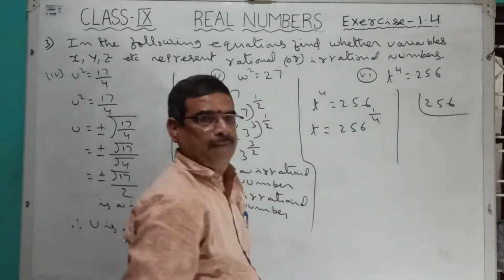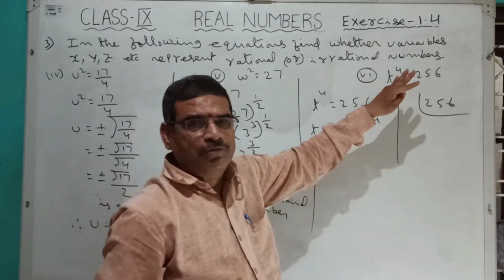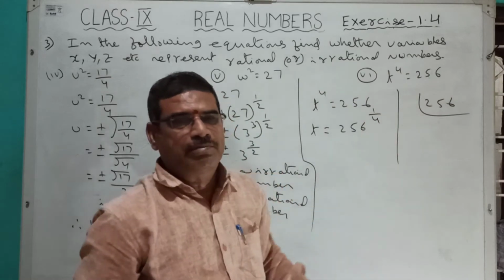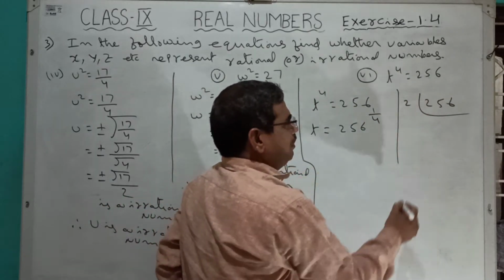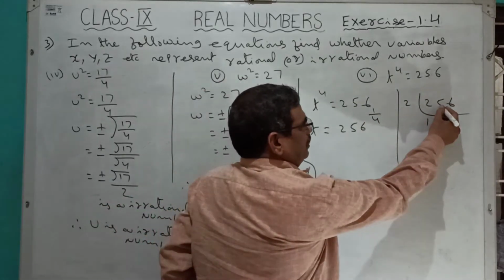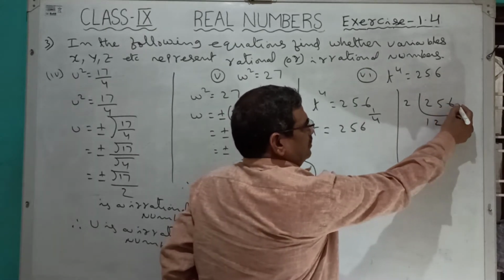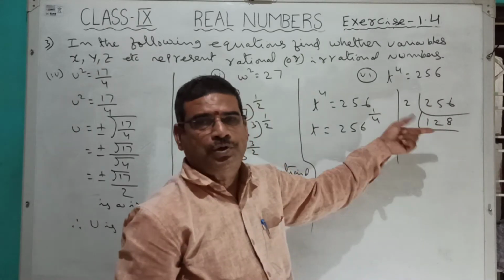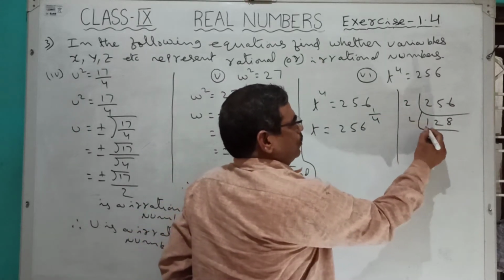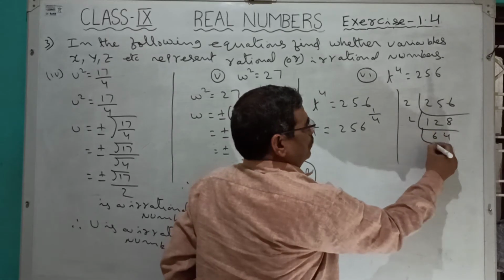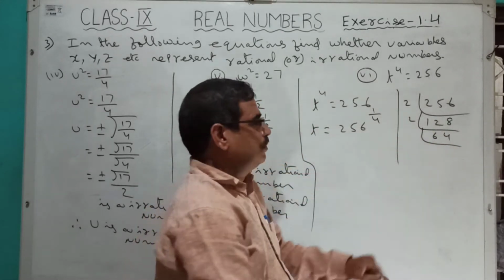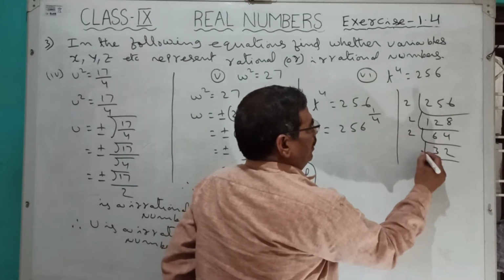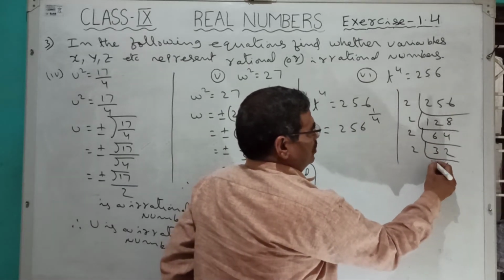256. We have to convert it into prime factors. The last digit 6 is there, an even number, so 2 will divide. 2 ones are 2, 2 twos are 4, balance 6, 2 eights are 16. Again an even number, 2 table will go. 2 twos are 4, 2 sixes are 12. Again an even number. 2 threes, 2 twos.